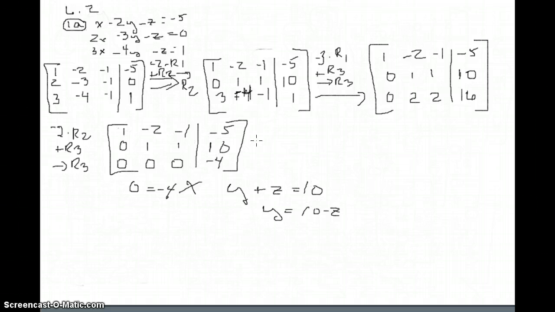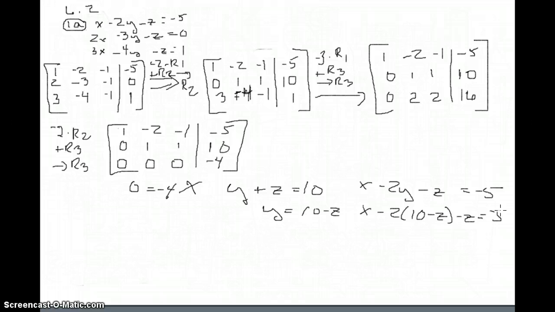I'm going to put everything in terms of z, and you'll see how my answer looks. So go to the first row. x minus 2y minus 1z equals negative 5. But I know what y is. y is 10 minus z. And then I bring this minus z down, equals negative 5.